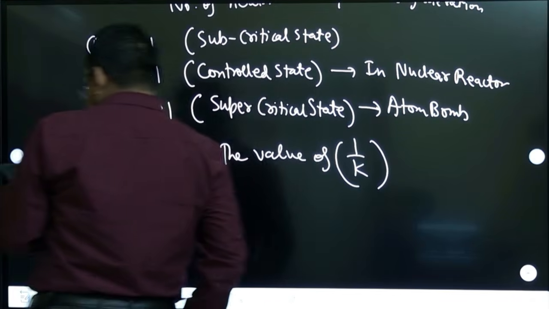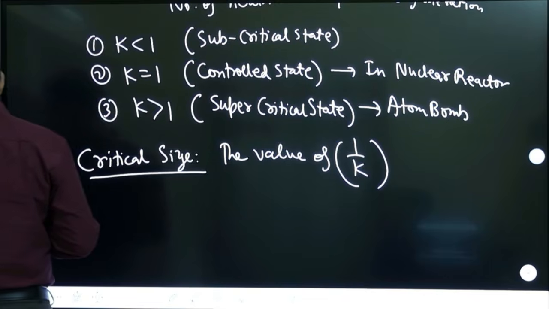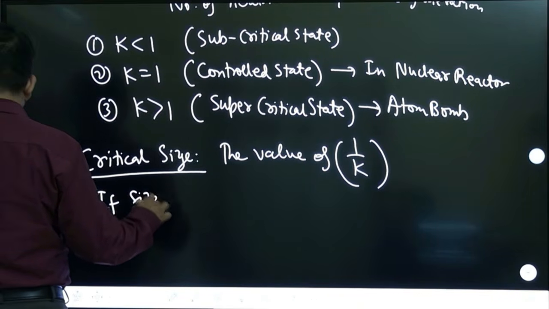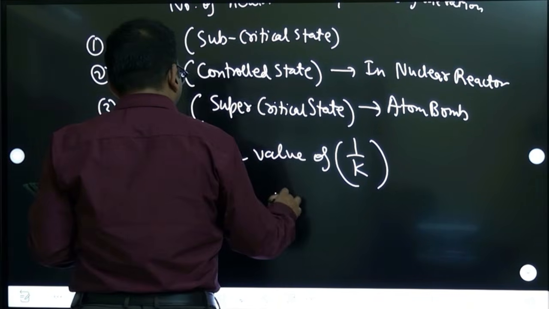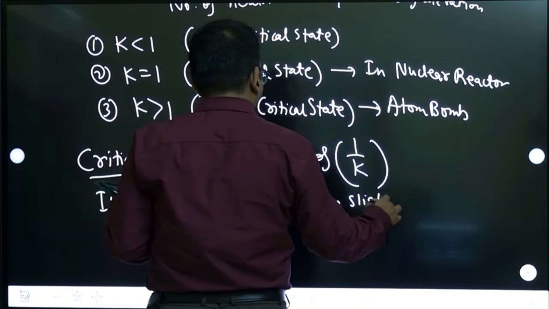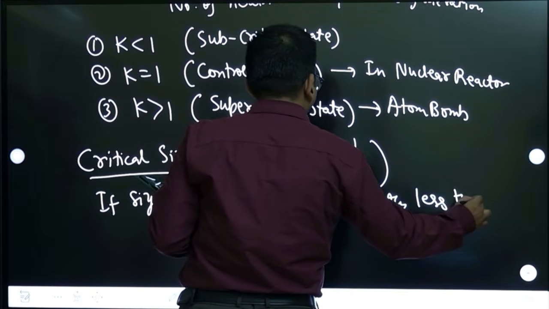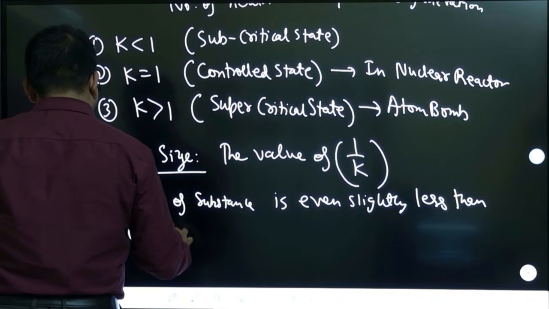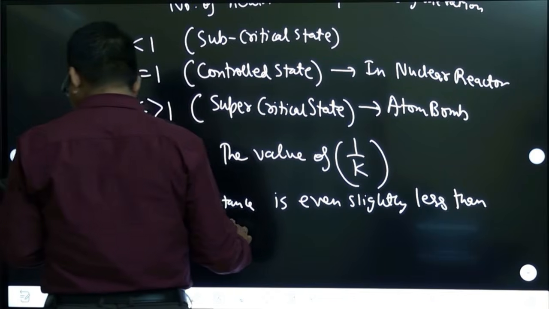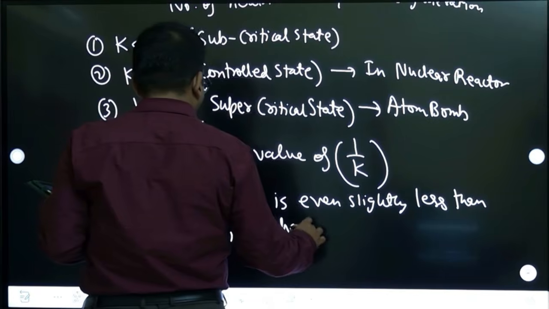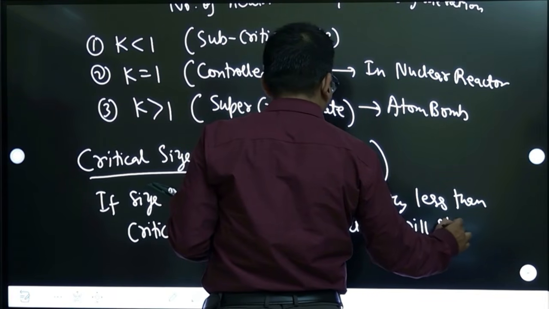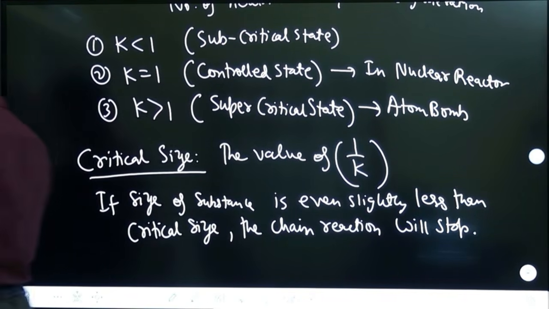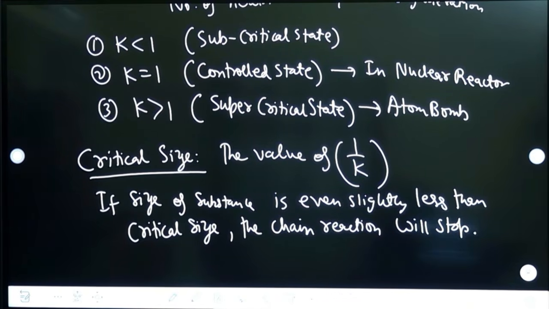If the size of the substance is even slightly less than the critical size, the chain reaction will stop. So this is what it is.